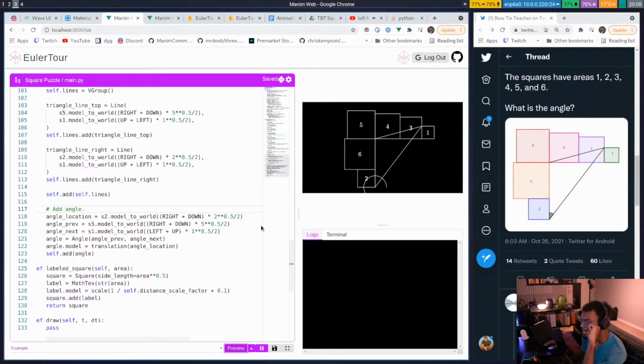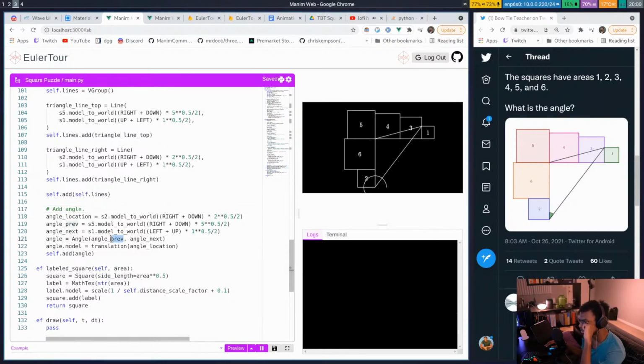Okay, so why didn't that work? Angle prev, angle next. It's like it wants to be measured in the positive direction?